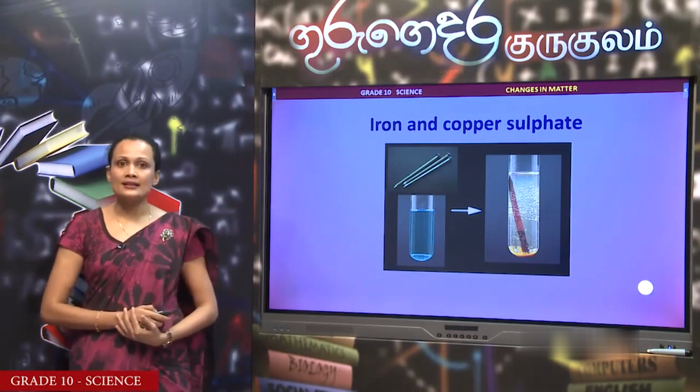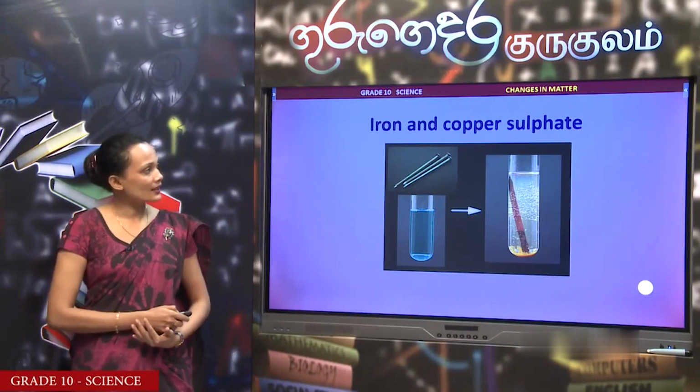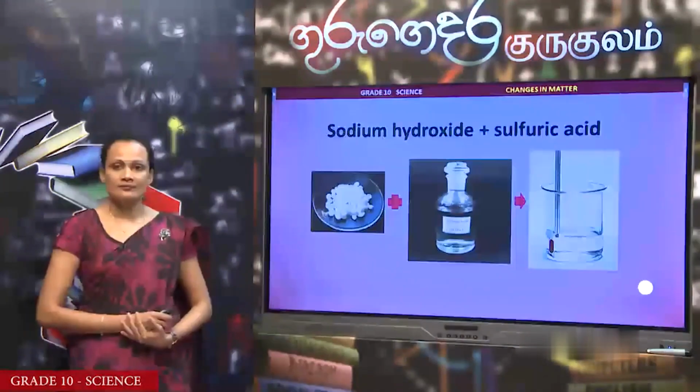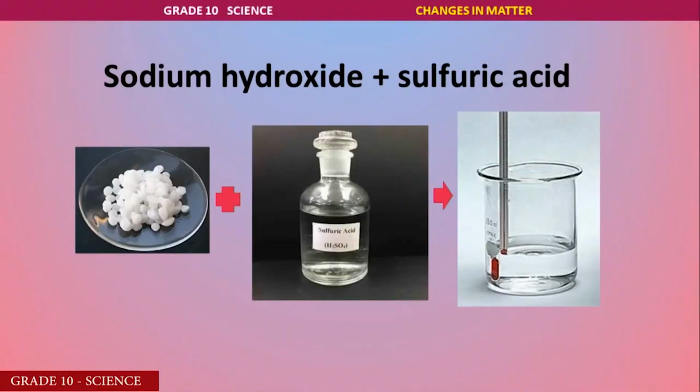Let's see another evidence by using another activity. Here I am going to explain the reaction between sodium hydroxide and sulfuric acid. When sodium hydroxide reacts with the sulfuric acid, the temperature increases. In the previous activity that we did, we took the reading for the temperature before and after putting the sodium hydroxide into the sulfuric acid.